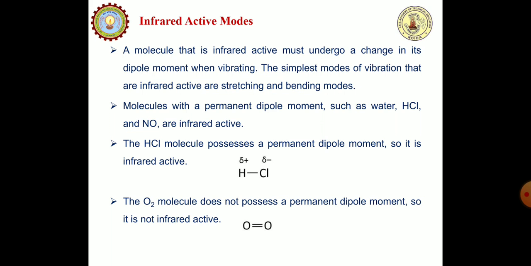There is a change in dipole moment because the electronegative atom pulls the electrons towards chlorine. Next, the oxygen molecule does not have a permanent dipole moment while vibrating or at rest, so it is an infrared inactive molecule. This molecule does not absorb infrared radiation.